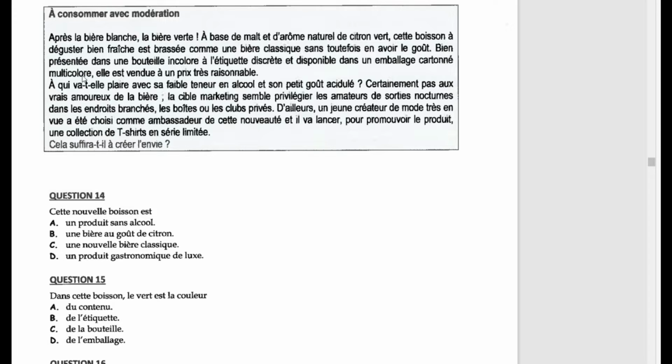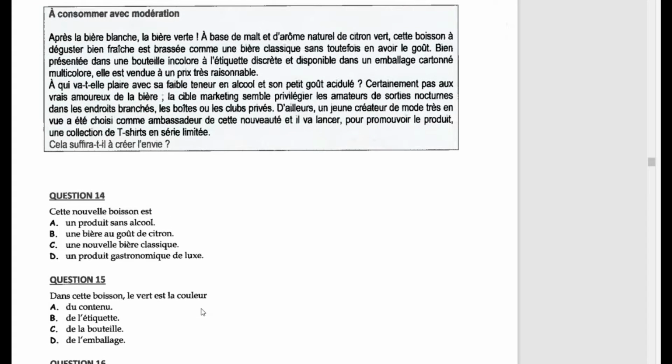So basically, answer B is eliminated, C is also eliminated, and D is also eliminated. So the answer should be A, which is the contenu. And also in the first line we saw "à base de malt d'orge, naturel du citron vert." So maybe they are trying to say that the lemon is green and that's why the color of the content itself is green. That's why the answer should be A, du contenu.